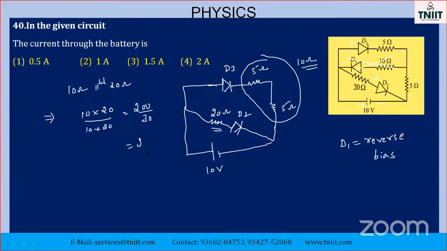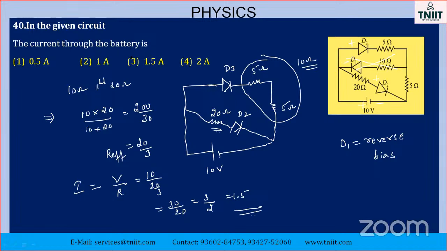What is the current? Current is V by R. Voltage is 10. Resistance is 20 by 3. So it will be 3 by 2. That is 1.5. So option A is the right answer, 1.5 ampere.